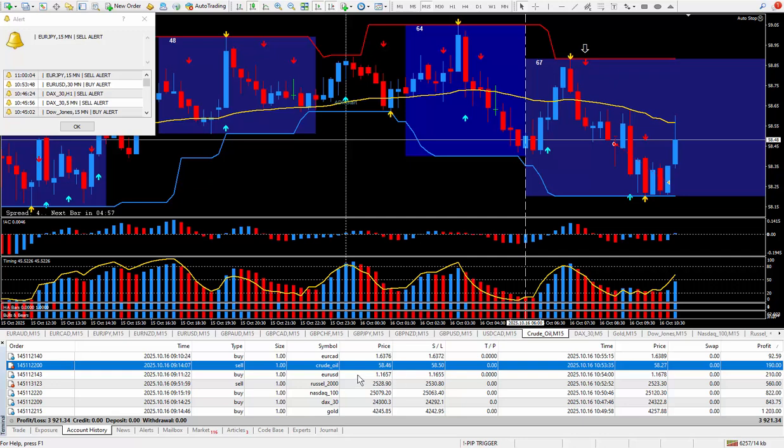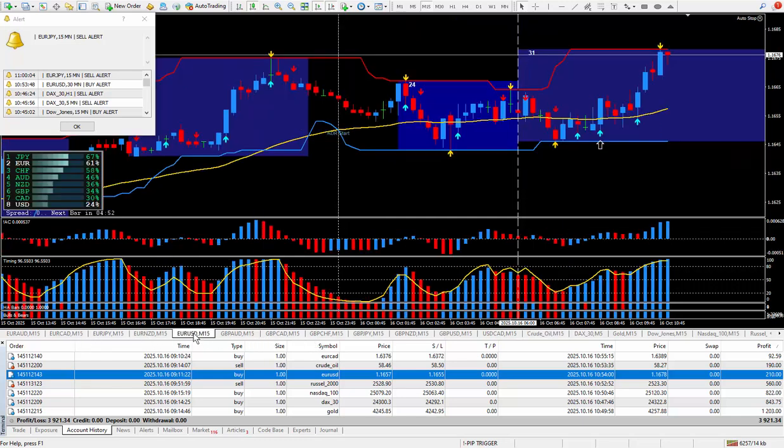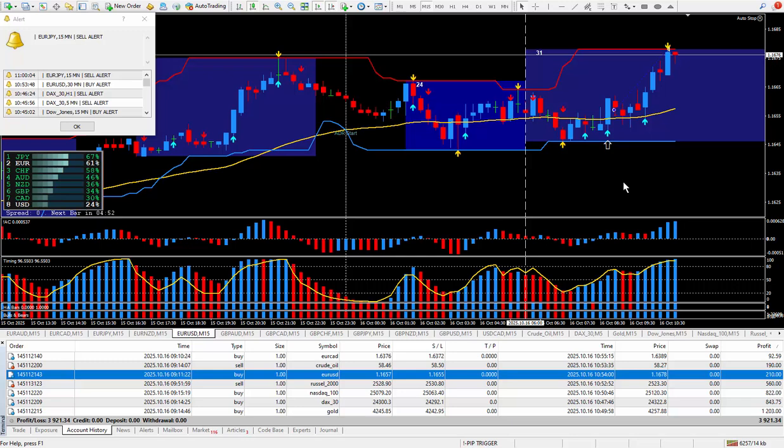Okay, let's move on to the next trade, which is the euro dollar. Here we go. Drag and drop this up, see where I got in at. Now it does pay $10 for each pip because USD is on the right hand side. Looking at the money, easy to see it should be 21 pips.